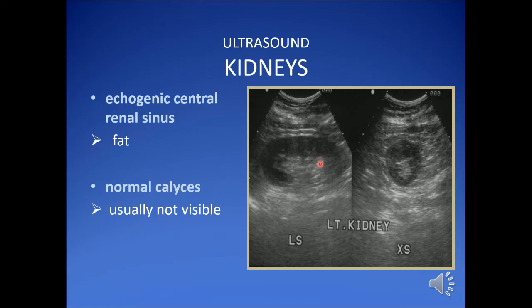And if it is isoechoic, it has the same echogenicity as a solid organ such as the liver or the spleen. The area here is echogenic because of the presence of fat. This is actually where the pelvocalyceal complex is located. The normal calyces are not visualized unless there is dilatation.